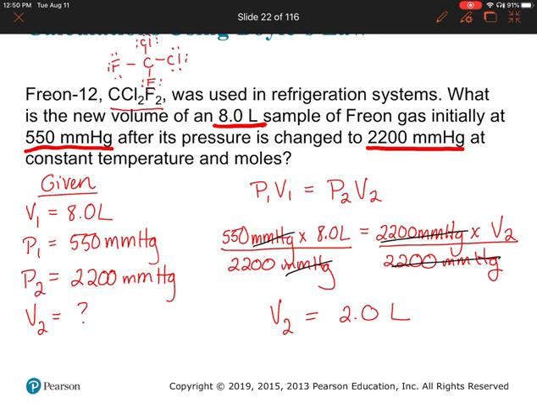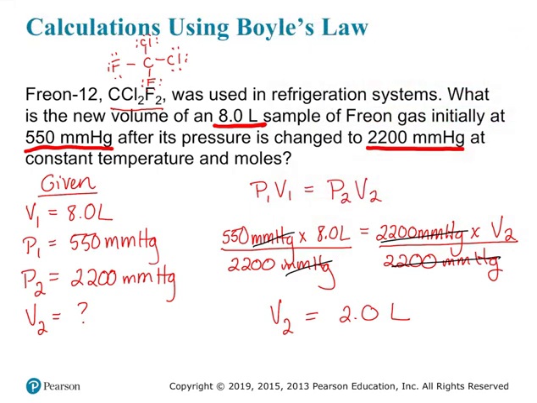Now let's do a quick sig fig check. How many sig figs does 8.0 have? 2. What about 550? Only 2. We don't see a decimal point at the end of that value, so that 0 is not significant.